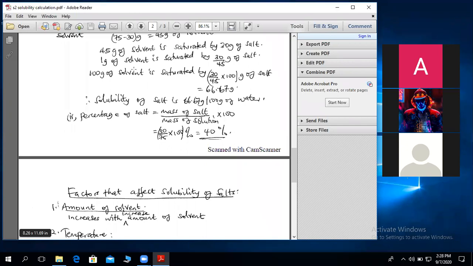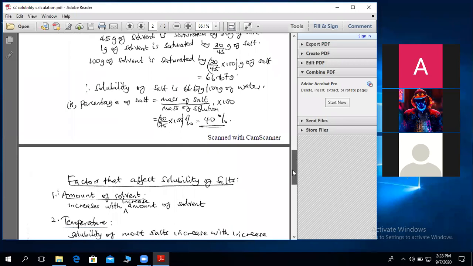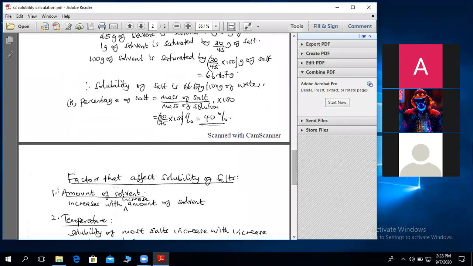Then temperature. The higher the temperature, the higher the solubility. If you have a cup of very hot water and another one has cold water, and you add equal amounts of sugar in those 2 cups, the sugar will dissolve faster in the hot water than in the cold water.